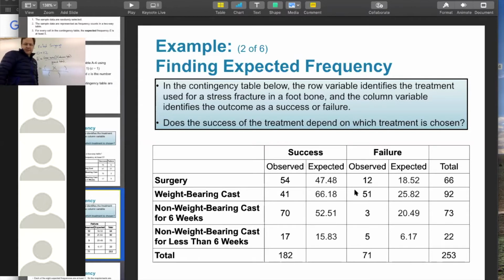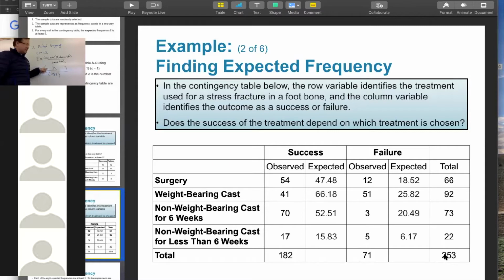And in this case, do you see what numbers I'm about to drop here, here, and here? I'll give you a second to look at the table and see what numbers go where. I'll start with the bottom. That's usually the easiest one. What's the grand total? In this table, I've actually included the sum of the success column and the sum of the failure column. And if you take 182 plus 71, you get 253, as we've seen previously.